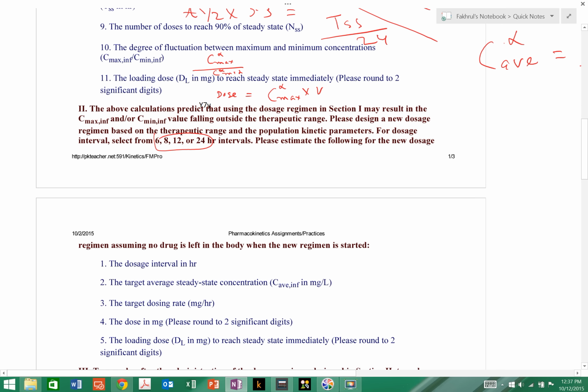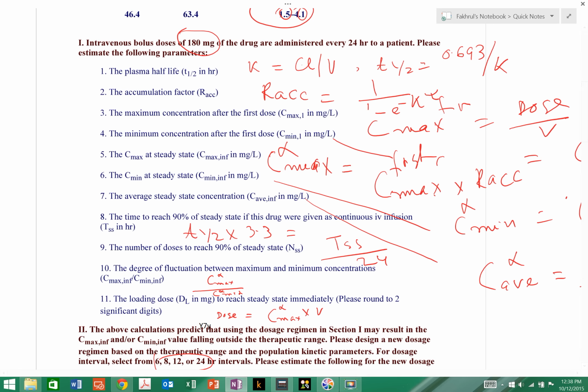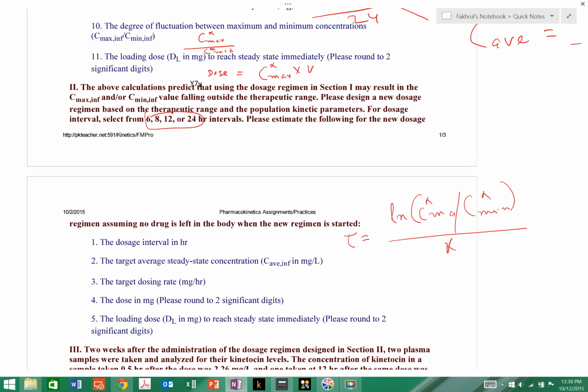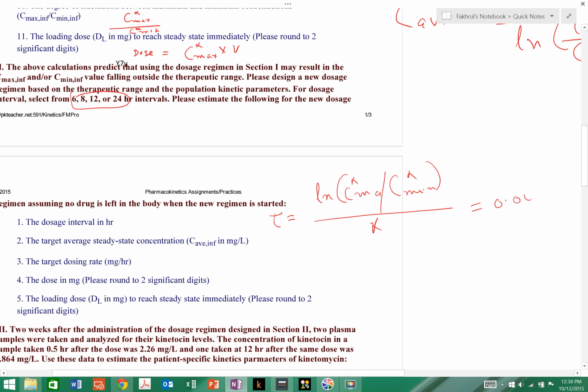So we will use tau is equal to natural log of Cmax infinity divided by Cmin infinity, and then divided by K. We know what K was; we have to use that K. I think K was 0.044.